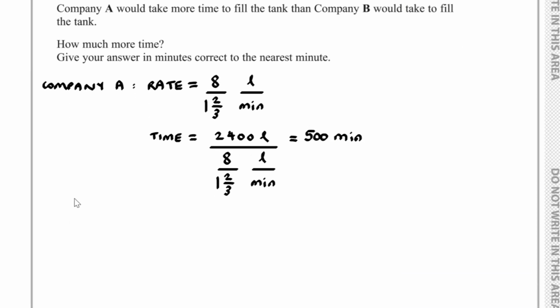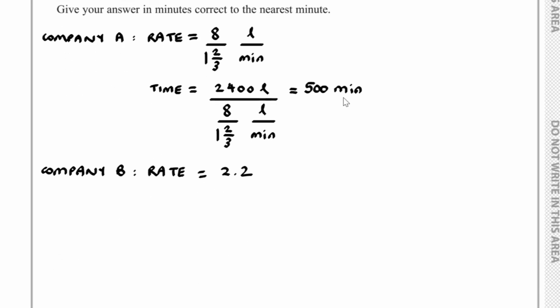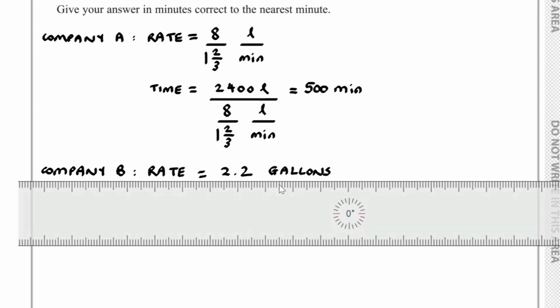Let's take a look at Company B. If I take a look at Company B, the rate over here is equal to 2.2 gallons per minute.